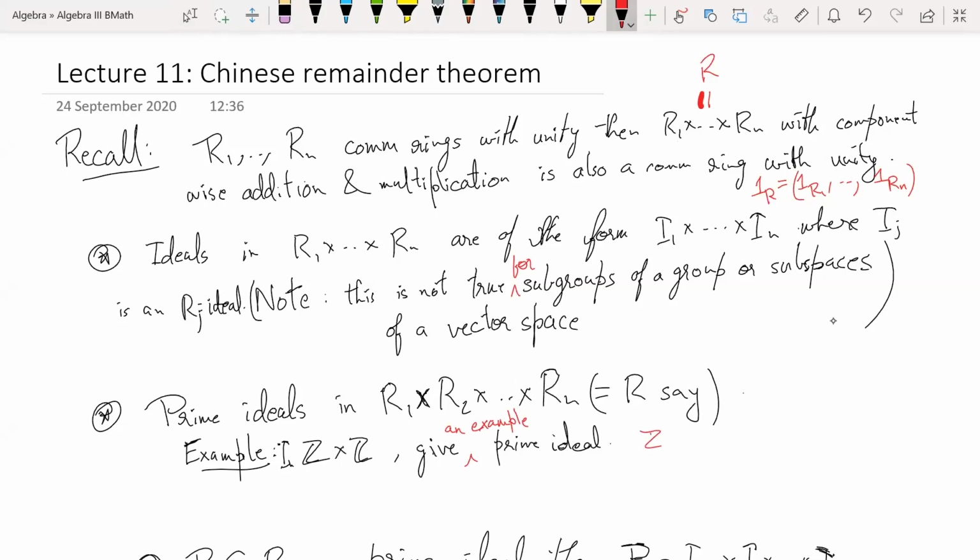So Z cross 0 is contained in Z cross Z, and there are various ways of checking it.